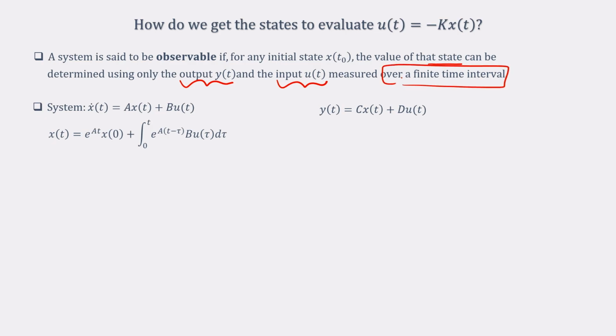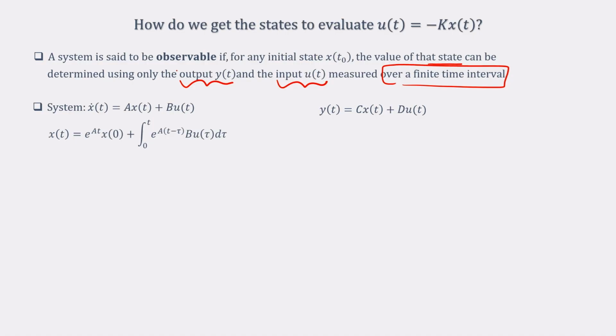So, if you have taken measurements of the input and output of the system for a finite interval of time, using that information you can easily find out the states of the system. If you can do that irrespective of whatever initial condition the system has started with, we say that the system is observable.